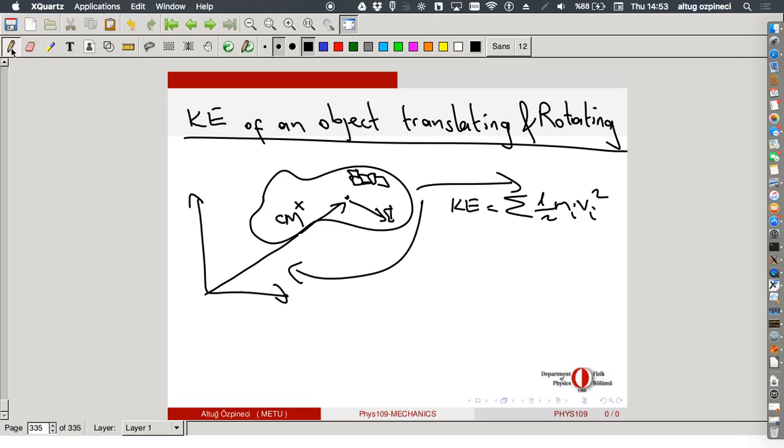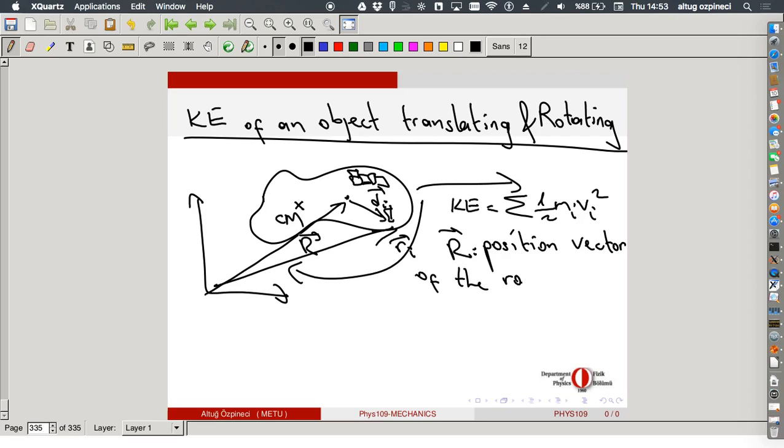This is large R, capital R. This is the position of the axis of rotation. Ri is the position of that very small mass that I'm studying. And again, this is di. So this R is the position vector of the rotation axis. For the time being, it's not necessarily the center of mass.